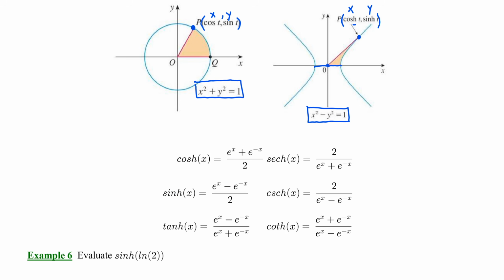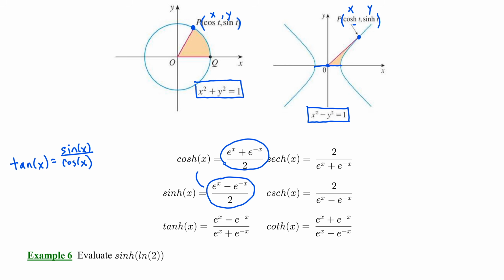Now, examine hyperbolic tangent of x. Hyperbolic tangent is e to the x minus e to the negative x over e to the x plus e to the negative x. Go back to ordinary unit circle trigonometry for a minute. We know that ordinary tangent of x is sine of x over cosine of x. Well, what happens if I take hyperbolic sine of x and I divide it by hyperbolic cosine of x?